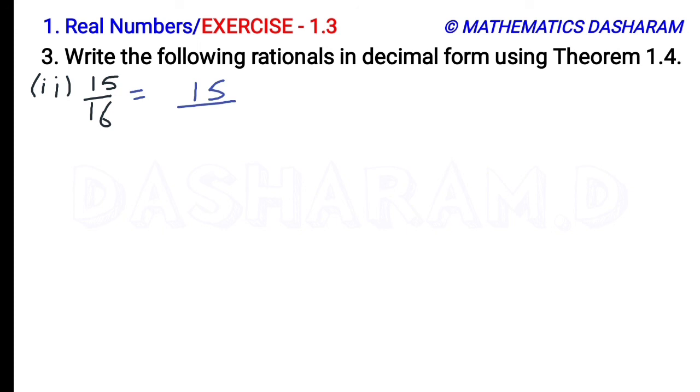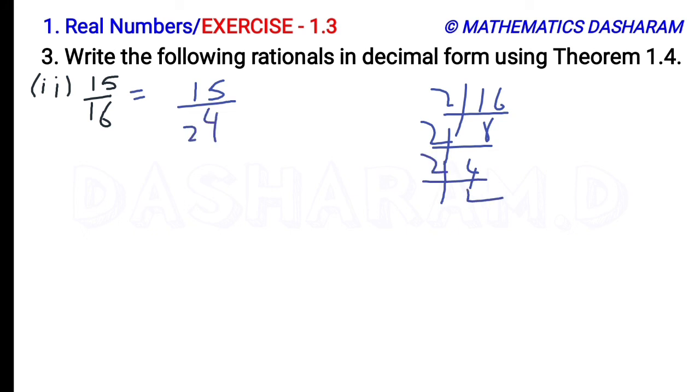Second question, 15 by 16. So 15 divided by 16; factorization: 2 8s are 16, 2 4s are 8, 2 2s are 4. So it is 2 to the power of 4. To get the decimal form, 5 to the power of 4 is needed beside 2 to the power of 4.